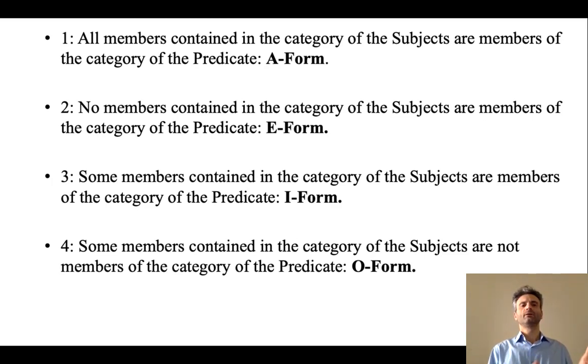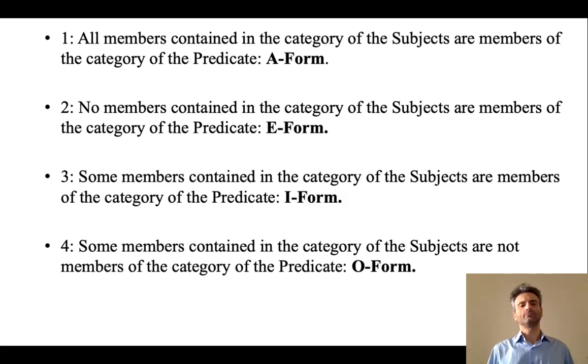So if I say that all blonde people are beautiful things, I state what is known in logic as the A form. The A form says that all members of the subject, since every statement has a subject and a predicate, the subject will be blonde people, beautiful things will be the predicate. So I say that all the members of the subject are inside the class of the members of the predicate.